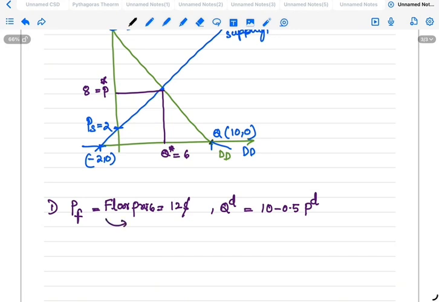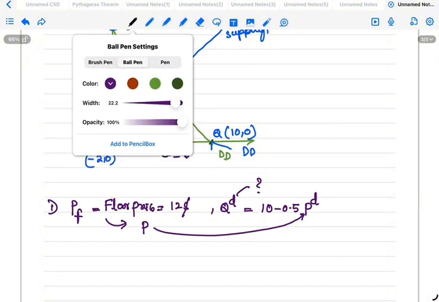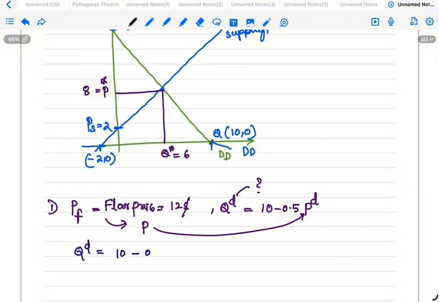At the floor price, what is the quantity value? 10 minus 0.5 times 12, that equals 10 minus 6, which equals 4. So QF, the quantity at the floor price, is equal to 4.